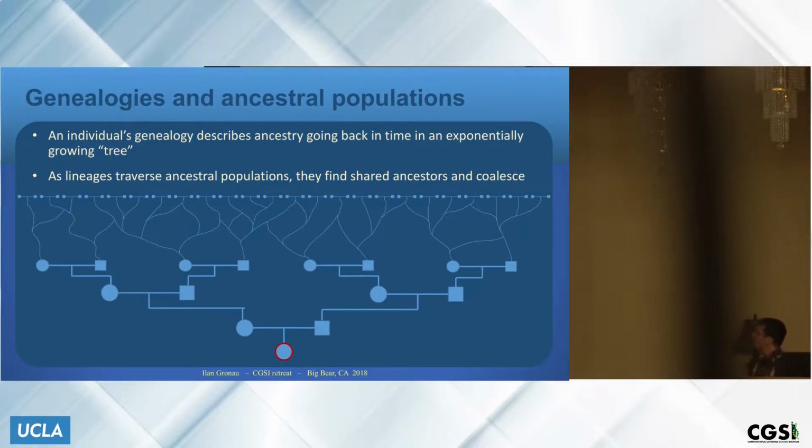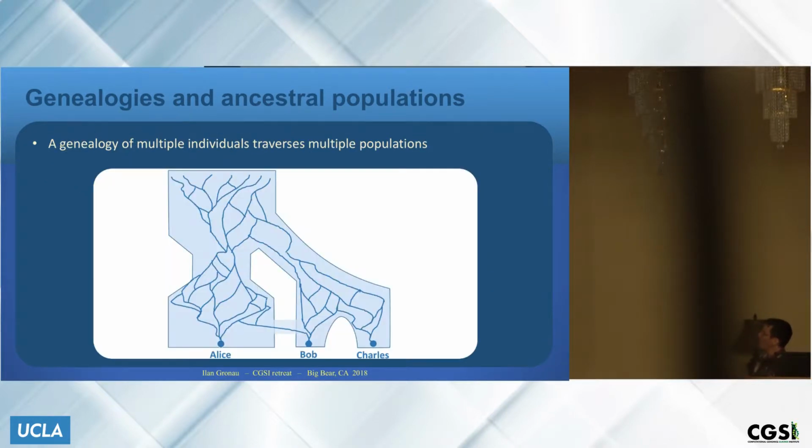Now this becomes even more interesting when you look at the shared genealogy of several individuals. Here you see the shared genealogy of Alice, Bob, and Charles. This genealogy traverses back in time in 3 different populations, and you can get a lot of interesting clues from it.